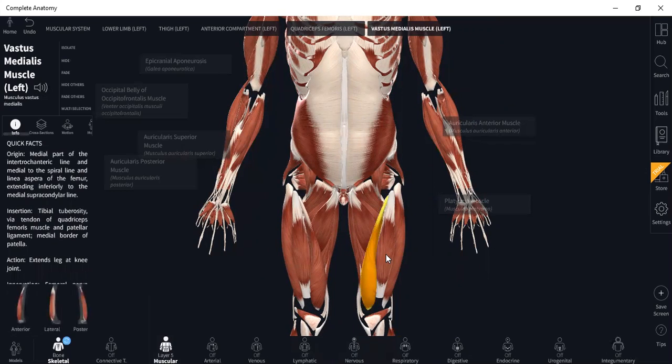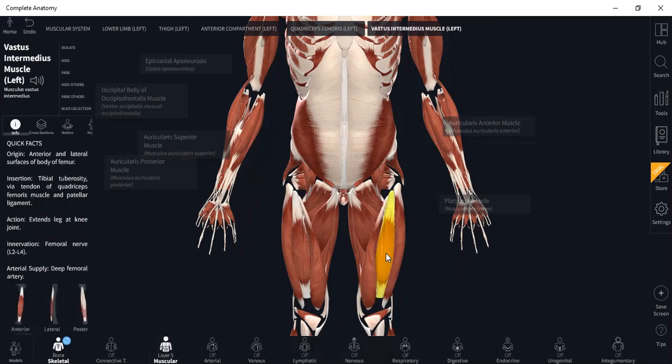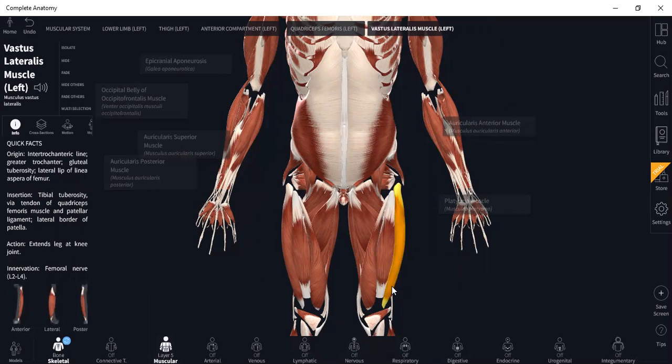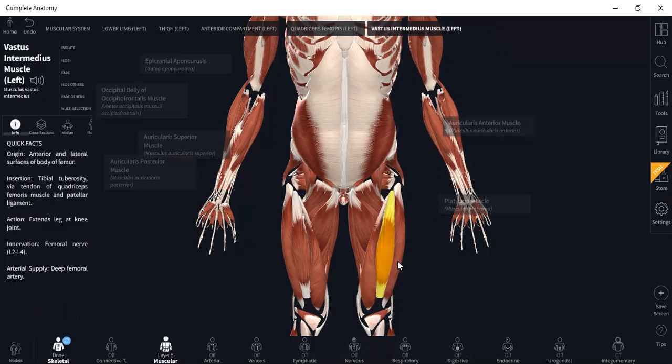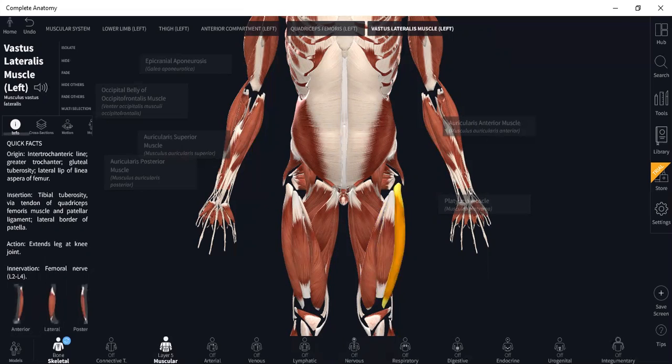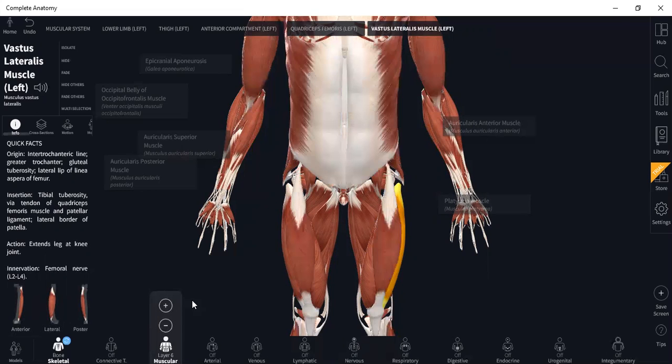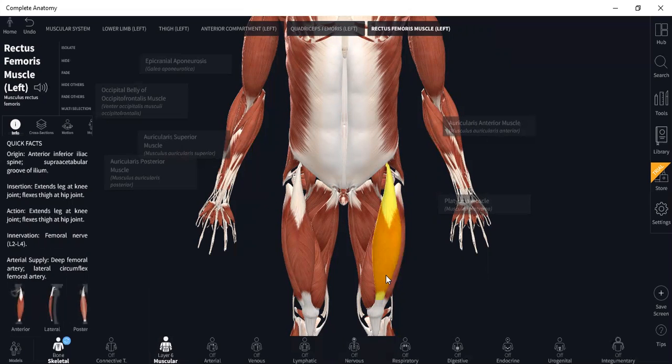Vastus medialis, vastus intermedius, and vastus lateralis. And then on top is rectus femoris, and those 4 make up the quadriceps femoris group.